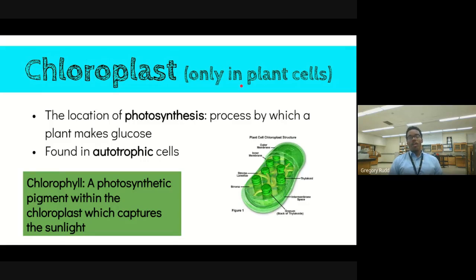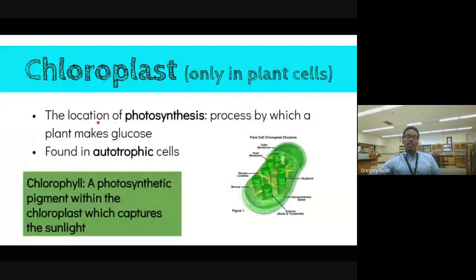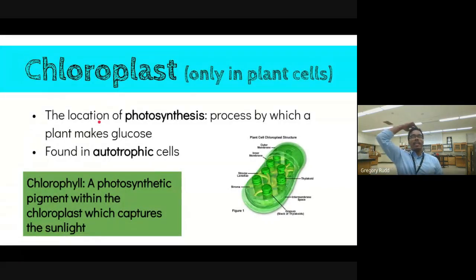And this is why they're called autotrophs. Auto meaning self. So they make their own food. And the way they're able to do this is by using sunlight, by using carbon dioxide, and by using water to create the glucose. We'll talk about that in much greater detail in Unit 4.